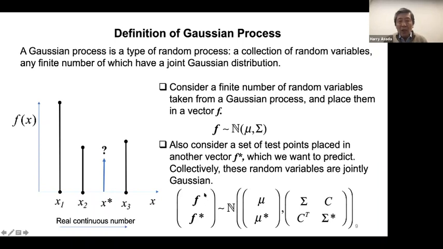For this extended one, we can create the normal distribution with the mean values and the covariance matrices, with sigma star having the appropriate dimensions. So sigma is associated with F, and sigma star is also associated with F star.